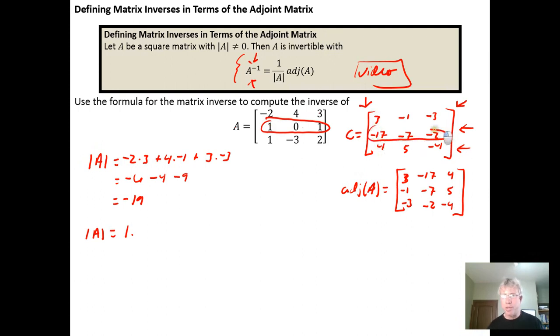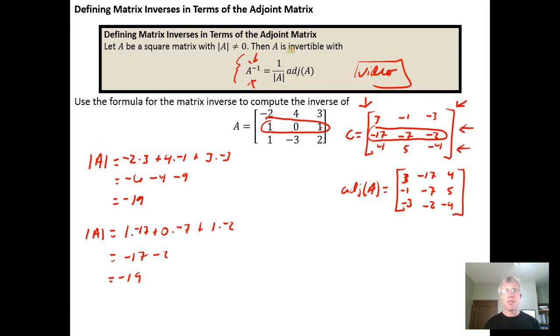So I would be using row 2 here. So 1 times negative 17 plus 0 times the negative 7 plus 1 times the negative 2. And I'm going to wind up with negative 17 minus 2. I'm still going to get the negative 19. The determinant doesn't care which row or column you use to calculate it.